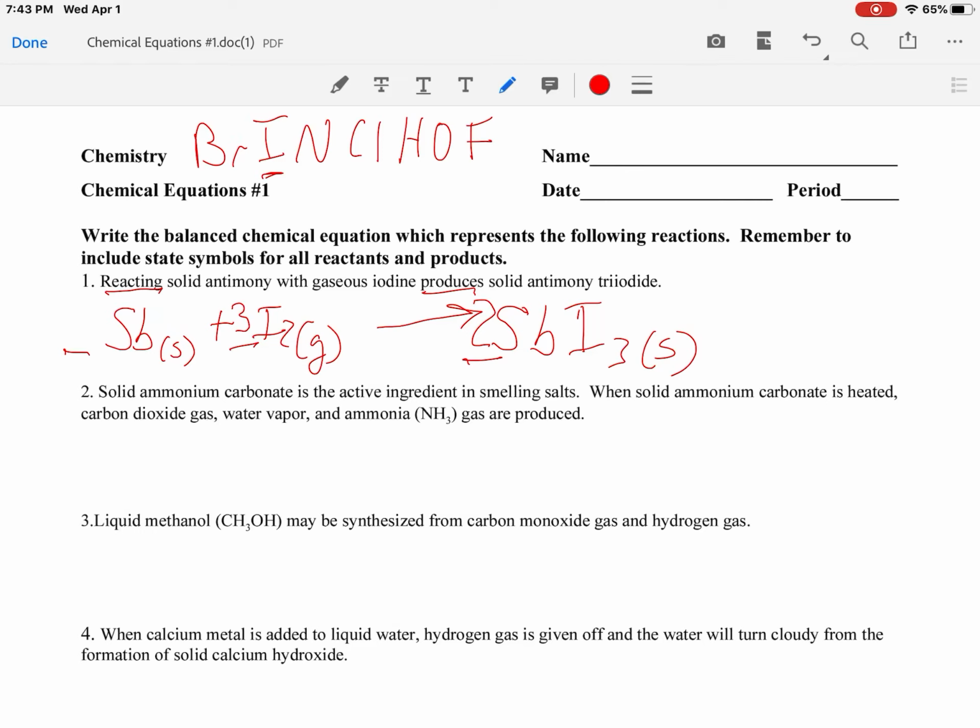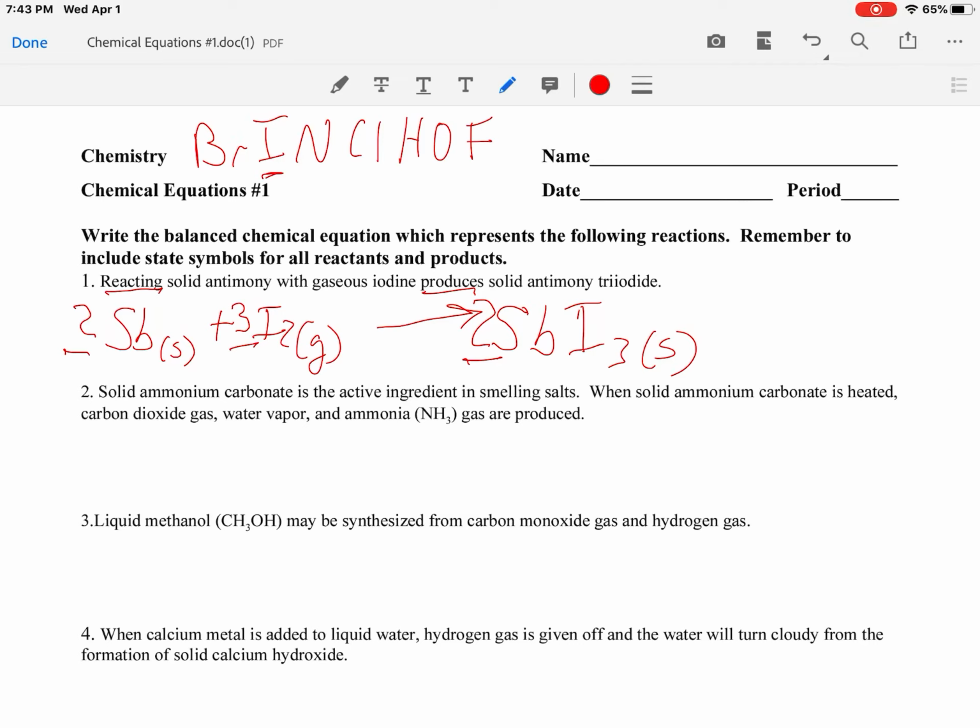Another thing that happens is when I put that 2 in front of the SbI3, that also gives me 2 antimonies, but I can fix that easily by putting a 2 over here. And now it should all be balanced, right? 2 antimonies on both sides, 6 iodines on both sides, and I've got my state symbols. Everything's balanced. Okay, let's move on.